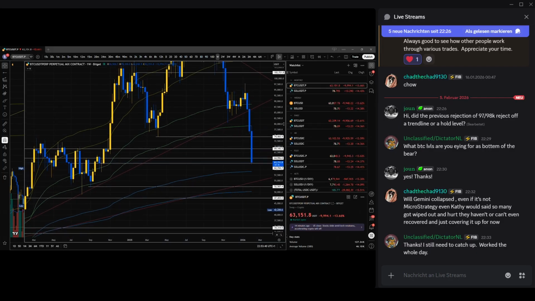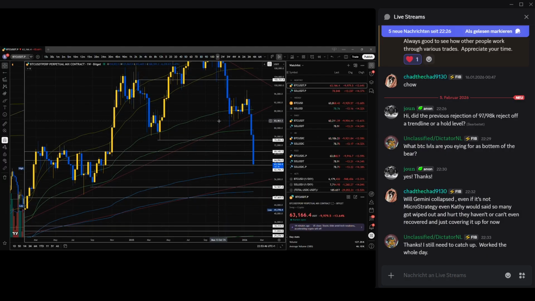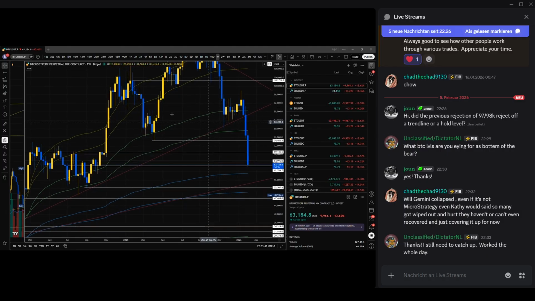But the idea was how to map out a chart on a high time frame, which is the monthly, a good one to start off from. So that's what I was trying to show. I mean, we can add a weekly break level here, but it's already kind of dead below. If it closes back up, then hindsight could say, yeah, that was a liquidity sweep of those break levels.